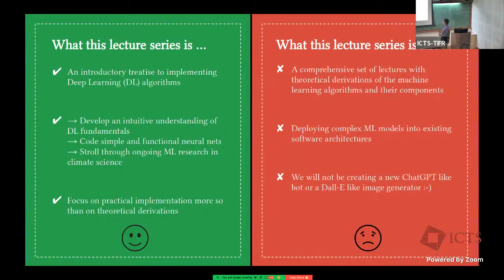Now, what this lecture series is not is, as I said, it's not a comprehensive discussion about the abstract derivations that go behind justifying that your machine learning model is correct and all that. We won't be deploying the ML models we create into complex software architectures.